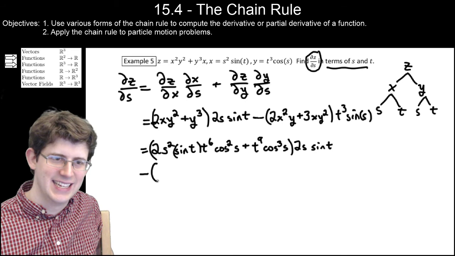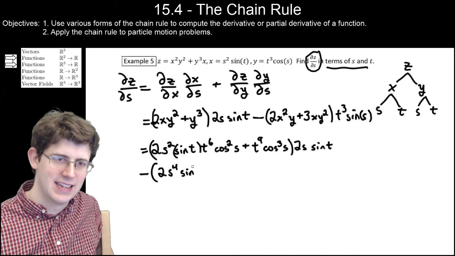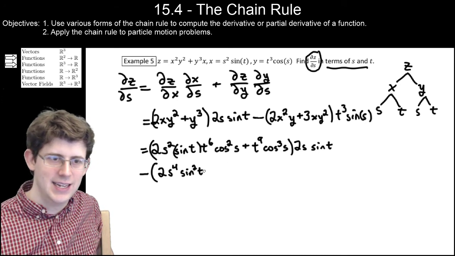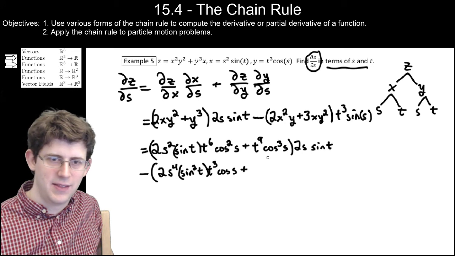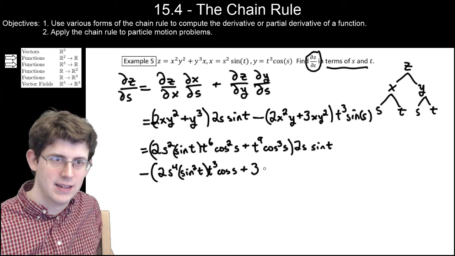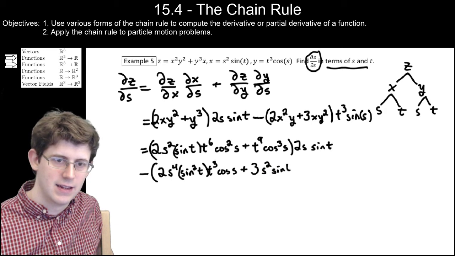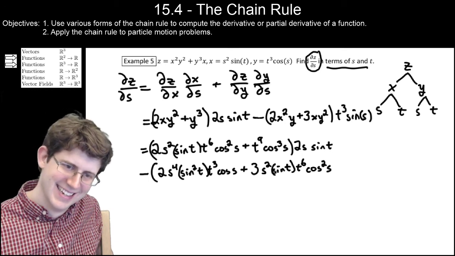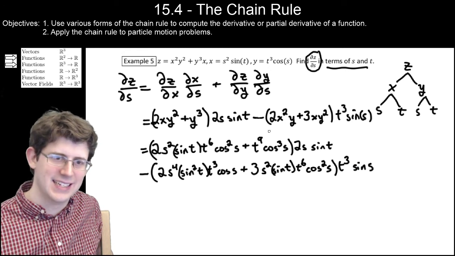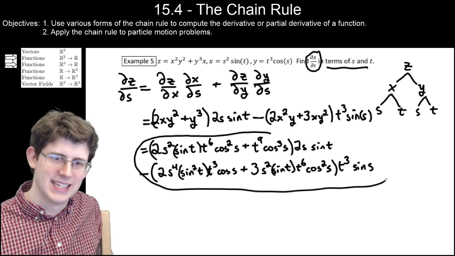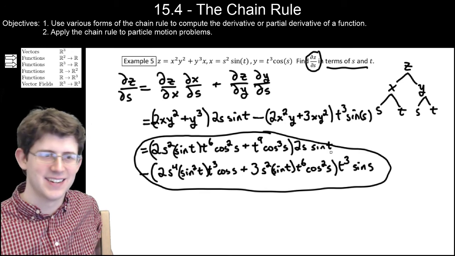Minus 2x squared y plus 3xy squared times t cubed sine s. Yeah, great, whatever. Okay, it's a disaster. Nothing good happens. It's not even anything to factor out. Oh well.